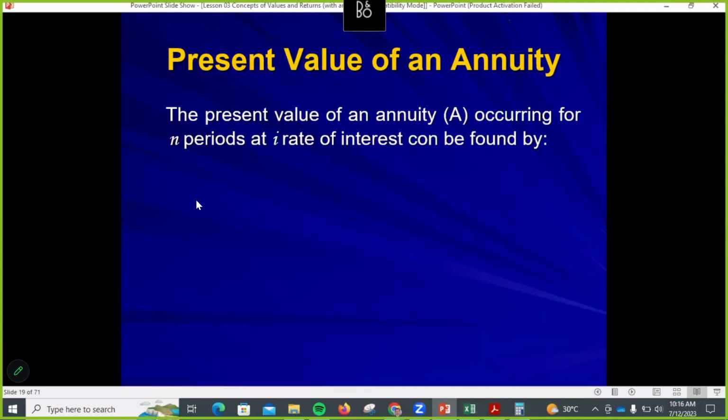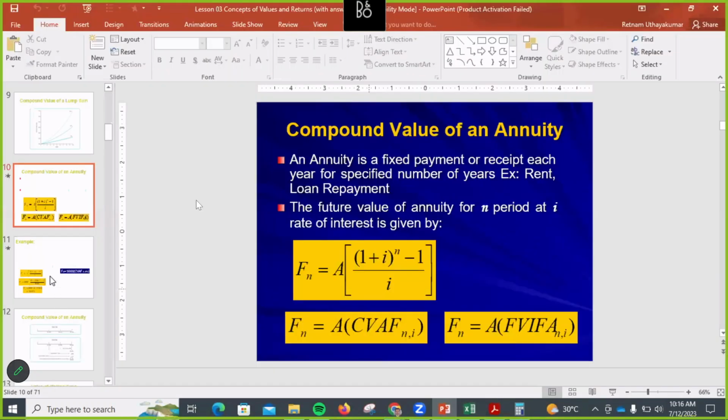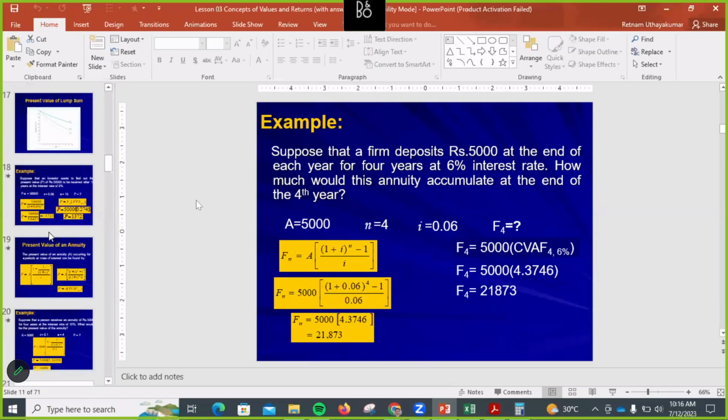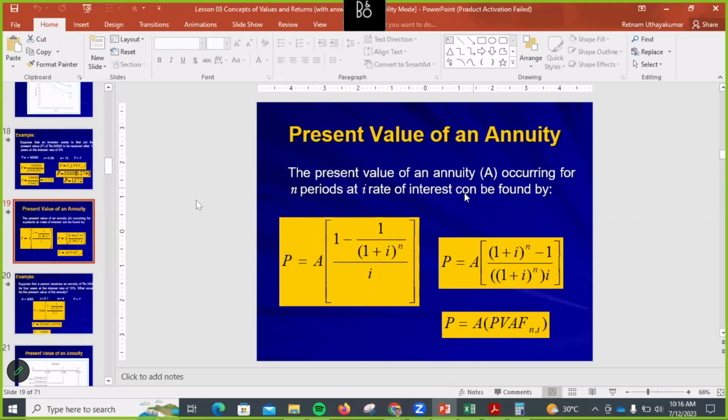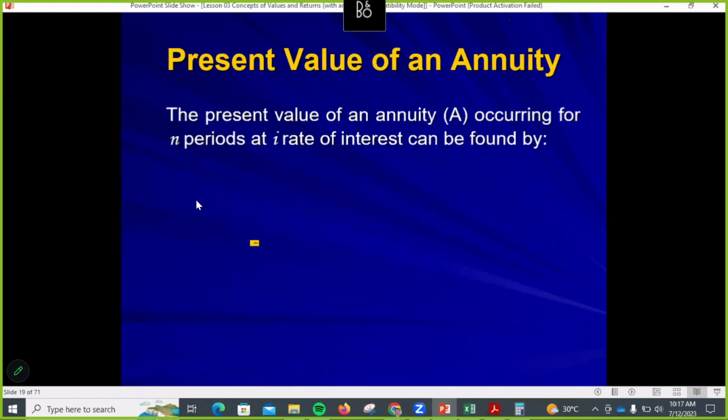The present value of annuity is defined as an amount occurring for a period at the given rate of interest can be found by applying this formula.